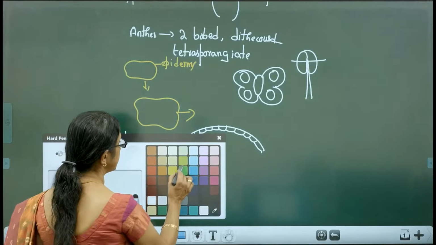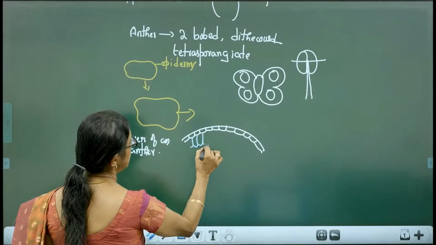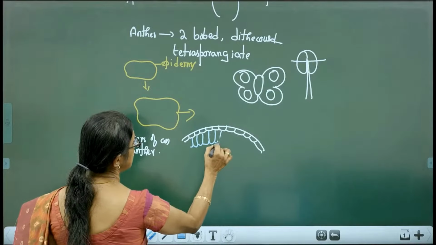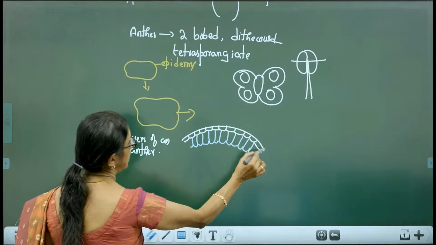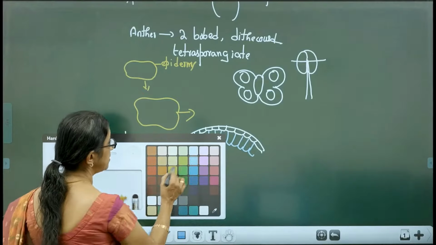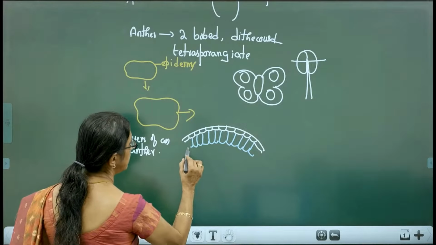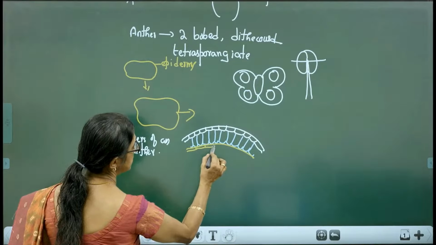Inner to this we can see a radially elongated layer. Cells are radially elongated like this, and this is called endothecium, followed by 2 to 3 layers of narrow and thin-walled cells.